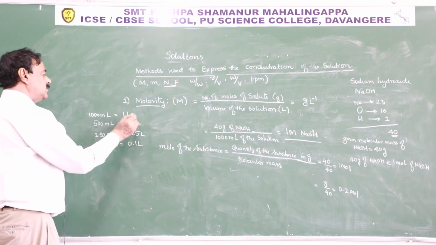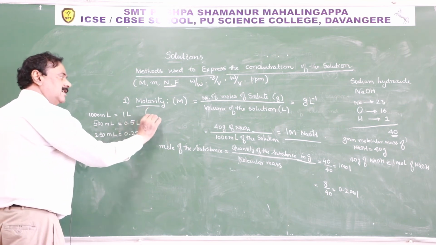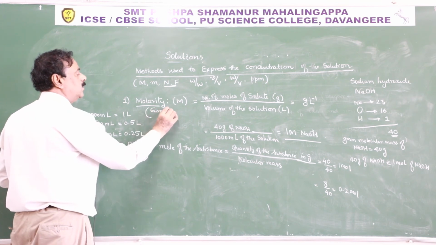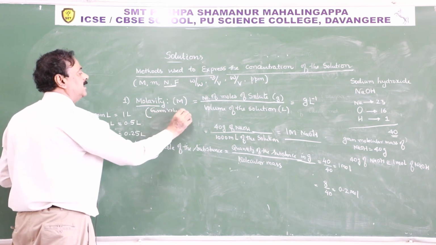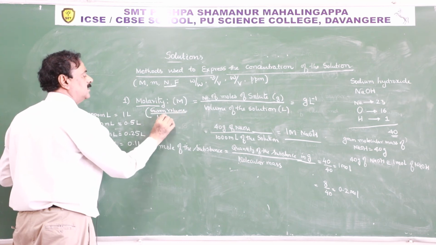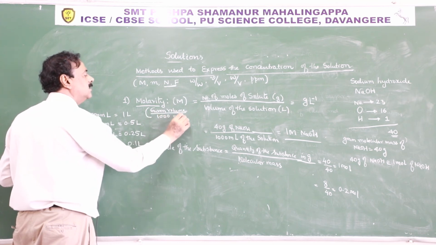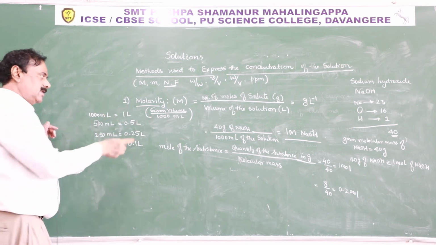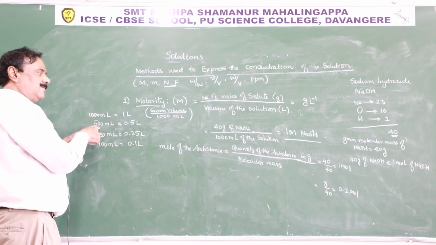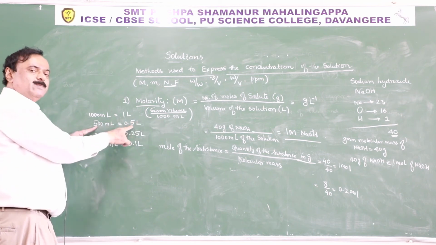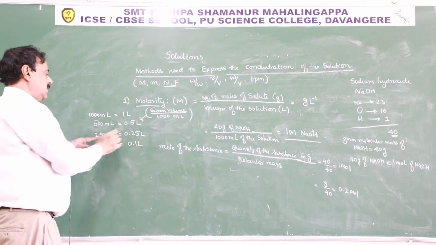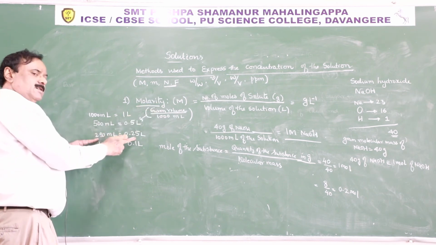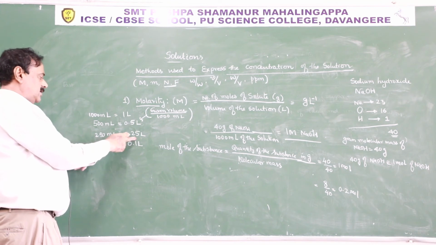How to calculate? That is the given volume divided by 1000 ml. That is how to calculate in terms of liter. Given volume is 500 divided by 1000, that is 0.5. If the given volume is 250 ml, 250 divided by 1000 is equal to 0.25 liters.